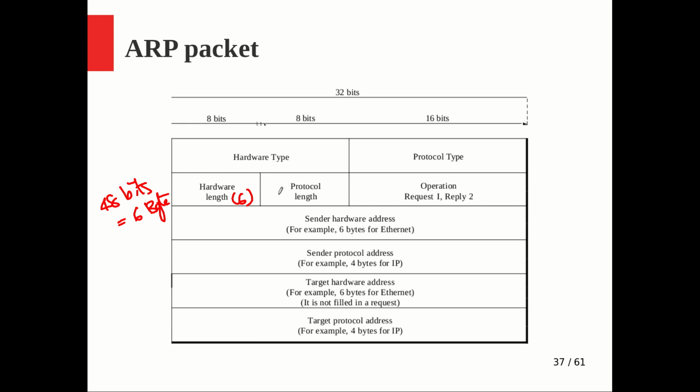Similarly, protocol length: if you are using IP version 4, you know it's a 32-bit field, which is equal to 4 bytes, so you write 4 here. Similarly, operation: whether it is an ARP request message or a reply message, 1 will be stored for a request message and 2 for a reply message.